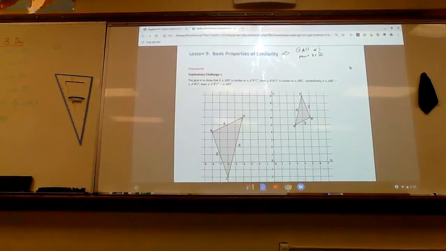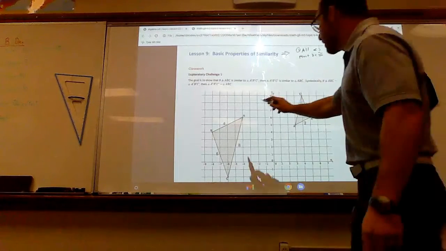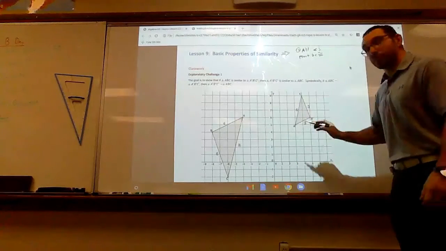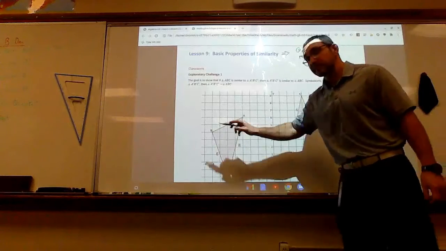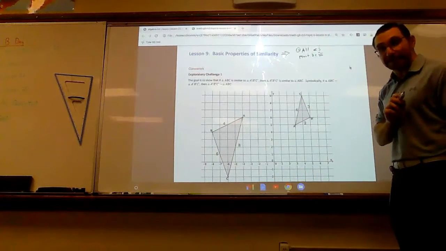So even though triangle ABC and triangle A prime, B prime, C prime look to be the same shape but have different sizes, the angles must still be the same. We can't test that with this one, but if you had a protractor, you better be able to check that and make sure that all the angles are exactly the same. So if A is 30 degrees, A prime better be 30 degrees. If B is 90, B prime better be 90, okay?